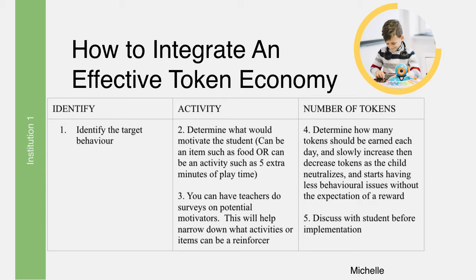The second part, which is more of the activity area, would be to determine what would motivate the student. Can an item such as food, or can it be an activity such as 5 extra minutes of playtime? So you're basically looking at what the reward should be, but you're also looking at whether or not the reward will actually motivate the student, because sometimes students won't care.